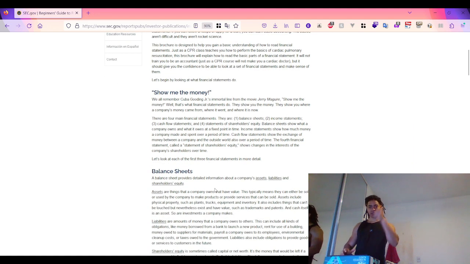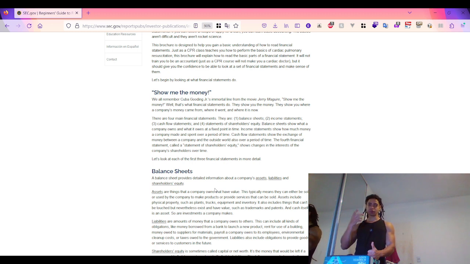Balance sheets show what a company owns and what it owes at a fixed point in time. The TLDR is that it's a snapshot of the company's assets, liabilities, and shareholders' equity, where assets are anything that a company owns that has value, whether tangible or intangible.